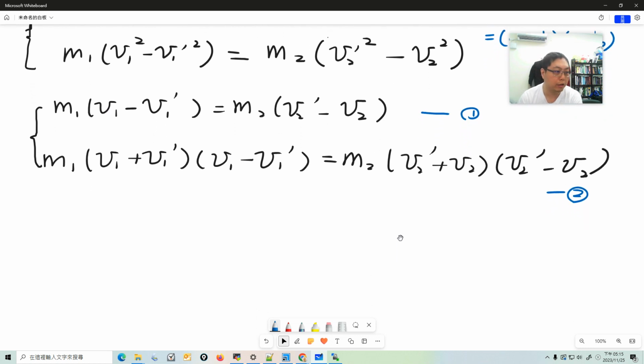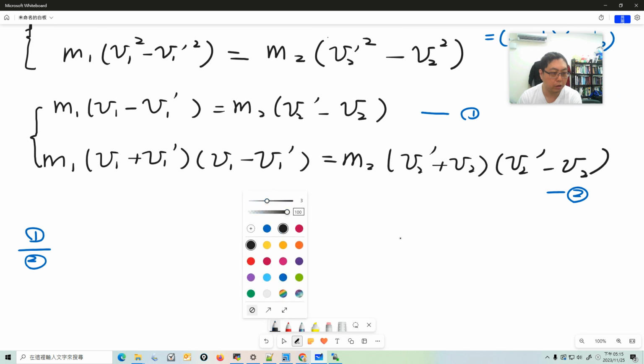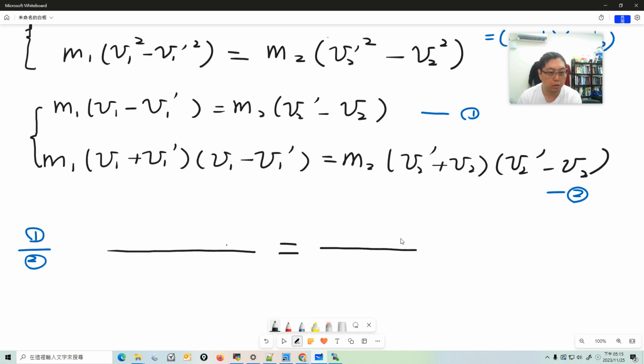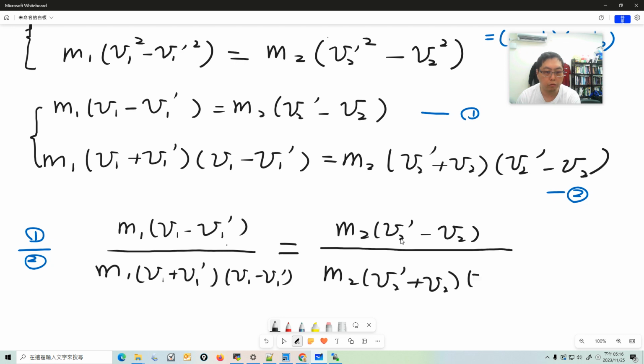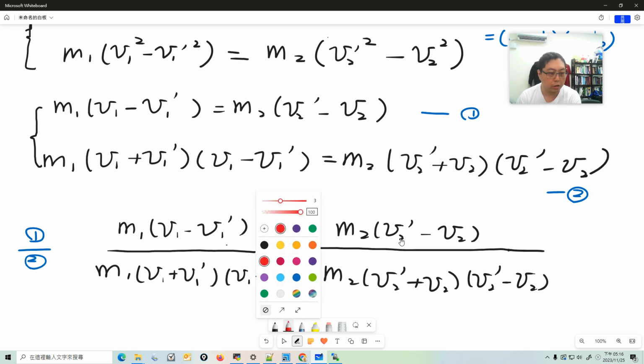The left side is m1 (v1 minus v1 prime) over m1 (v1 plus v1 prime)(v1 minus v1 prime), and the right side is m2 (v2 prime minus v2) over m2 (v2 prime plus v2)(v2 prime minus v2). And we will finally get this.